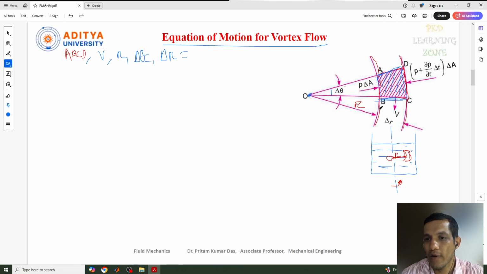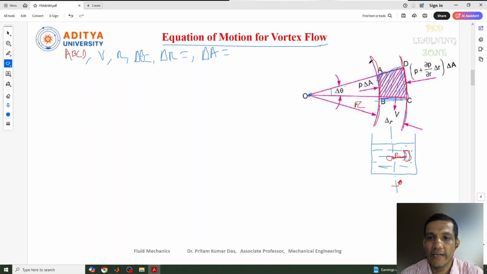Delta r is the radial thickness of the fluid element, the distance from one layer to another layer. And next is delta A. Delta A is nothing but the area of the cross section of the fluid element we have considered here. These are the terms we need to consider.